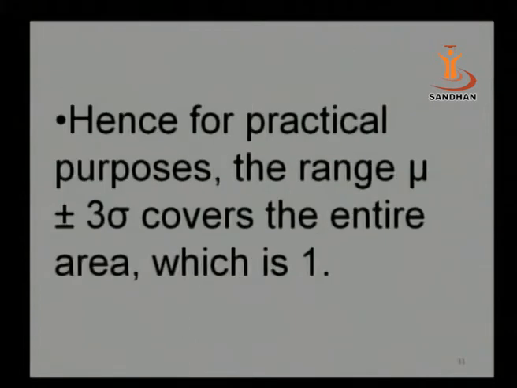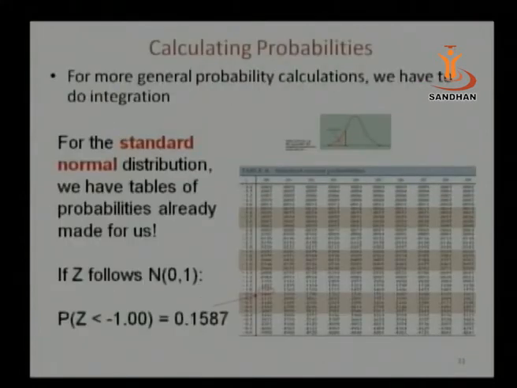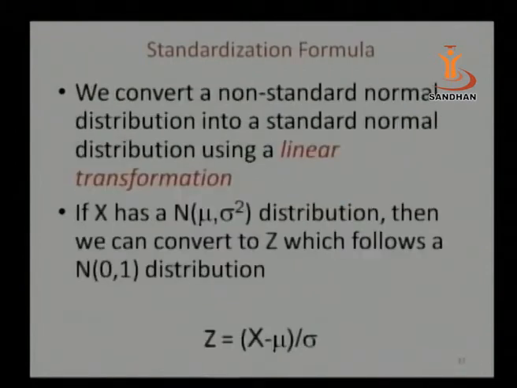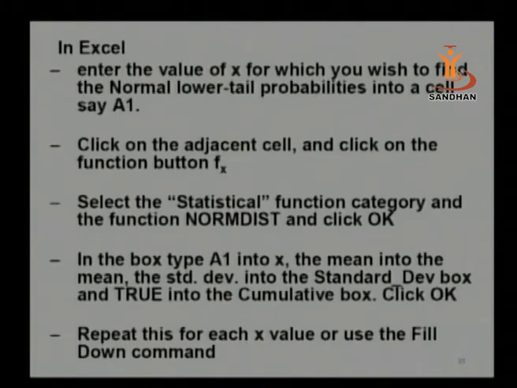So friends, it is very easy to manipulate all our statistical functions in Excel. Here you can see the steps you can write down. First of all, enter the value of X for which you wish to find the normal lower tail probabilities into a cell, say A1. In our case, we have entered the value in cell A3.